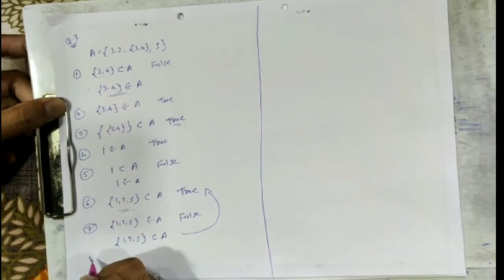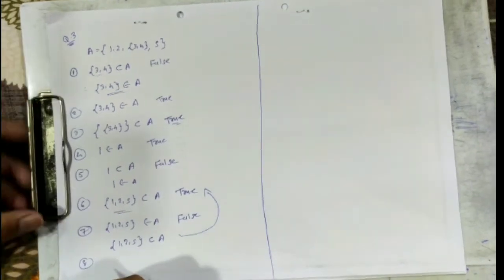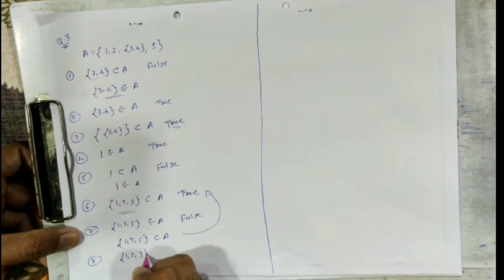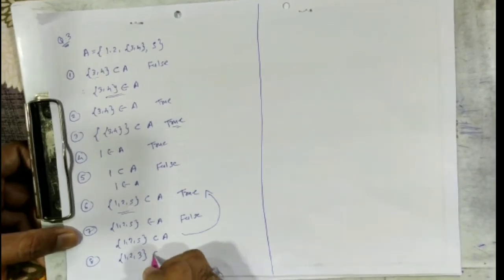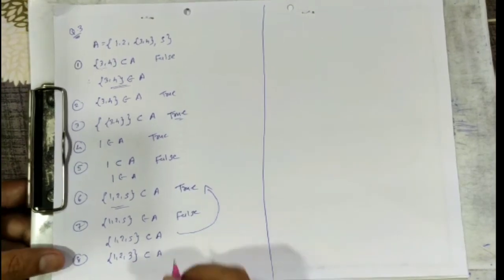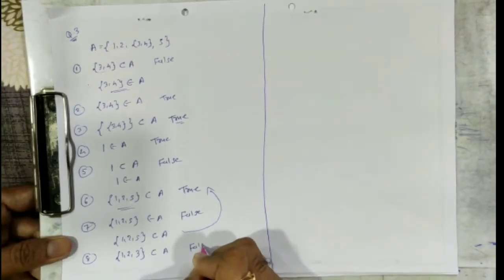8, set 1 2 3 is subset of A. False one. This one is false.